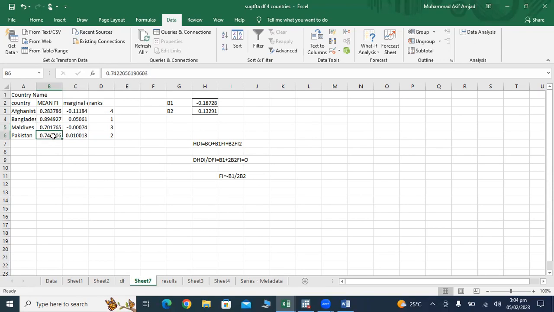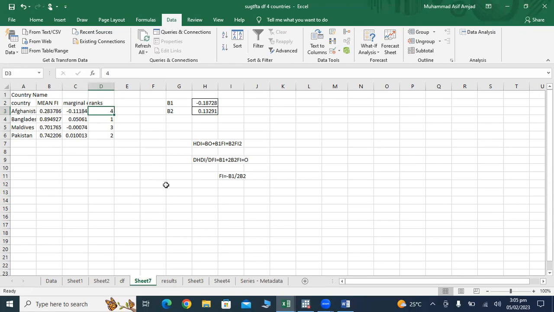Pakistan's value is 0.74, which is greater than the 0.70 cutoff value, so there is a positive relationship for Pakistan. If we rank these countries, number one is Bangladesh, two is Pakistan, third is Maldives, and fourth is Afghanistan. We can give the policy here that Afghanistan and Maldives should follow Bangladesh and Pakistan to improve financial inclusion.